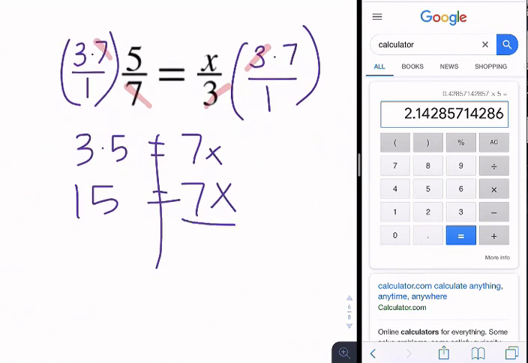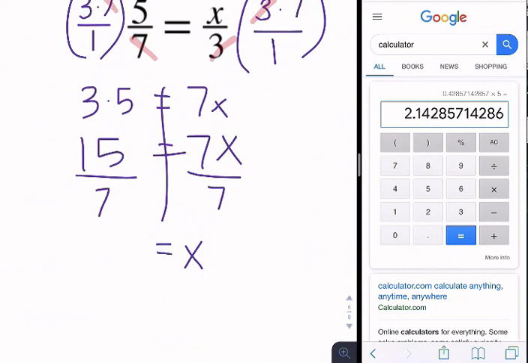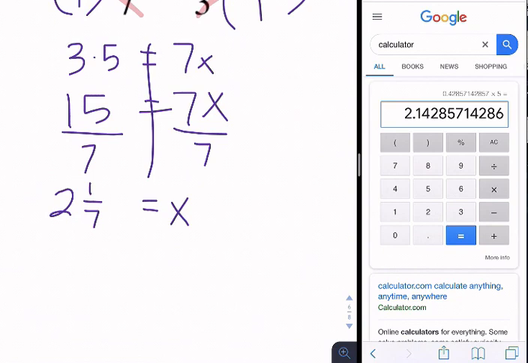To get x alone, I divide both sides by 7. X equals 7 goes into 15 2 times with 1. That would be 14, so 1/7 would be left over. 1/7 is that weird 0.1428, blah, blah, blah.